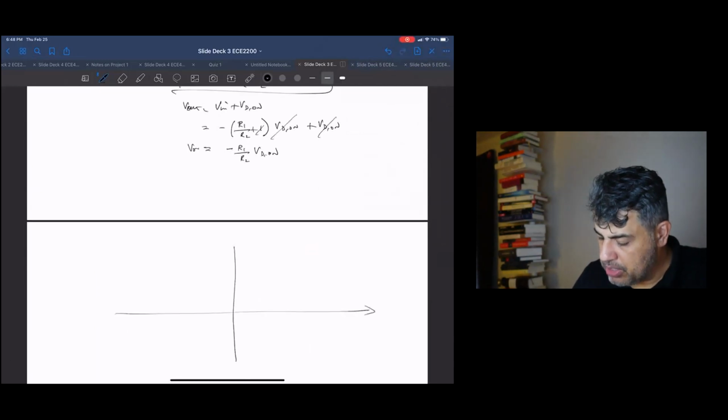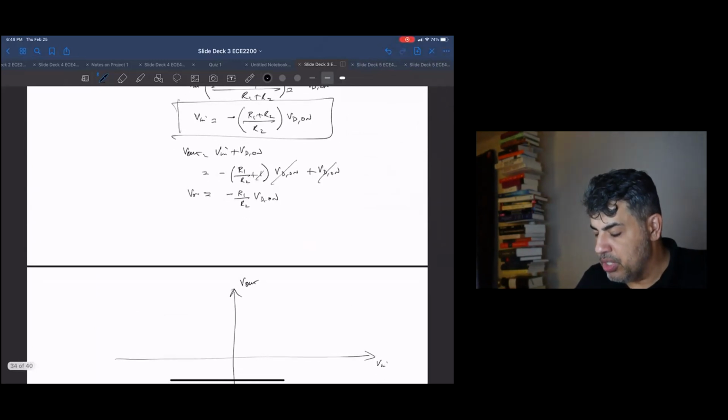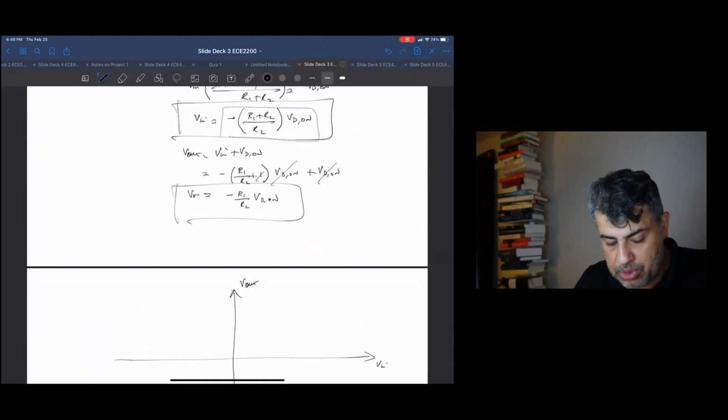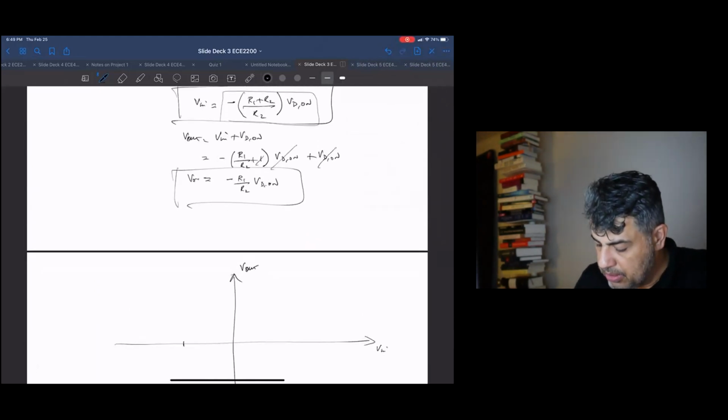Okay, so if I draw this, I think this goes back to Louis' question about does the curve have to cross the origin? And this is a case where it won't, right? So in the crossover point, V in is a negative value. Okay, so it's minus 1 plus R1 over R2 Vd on.